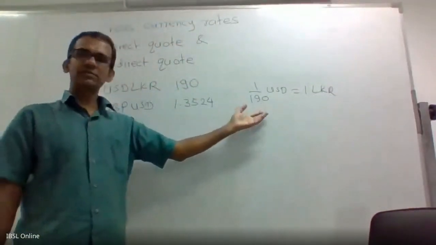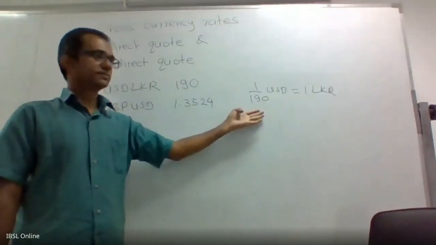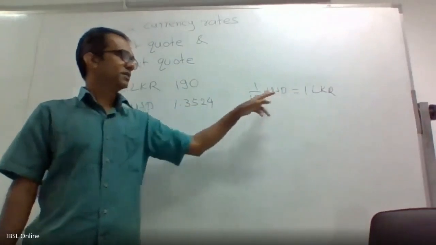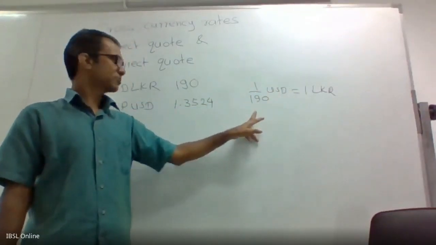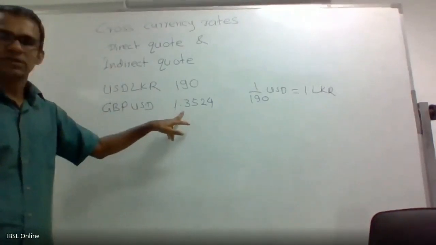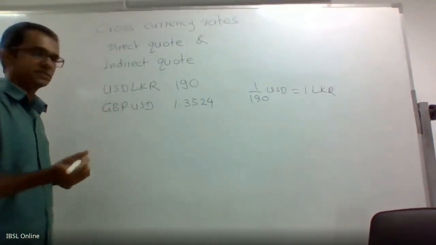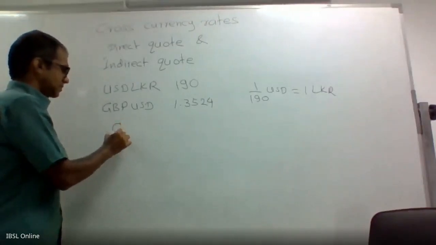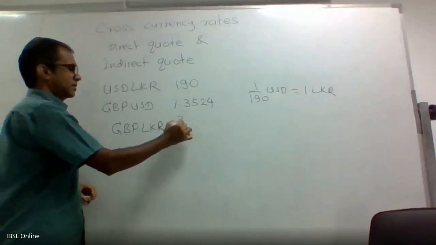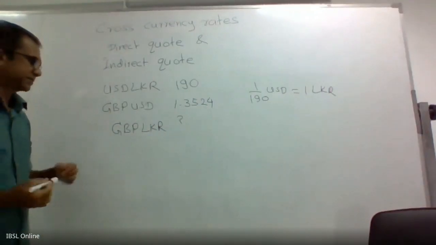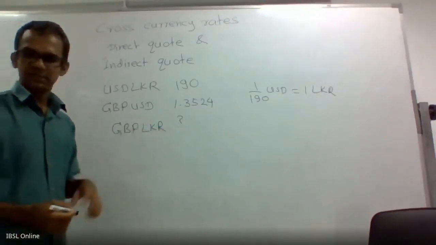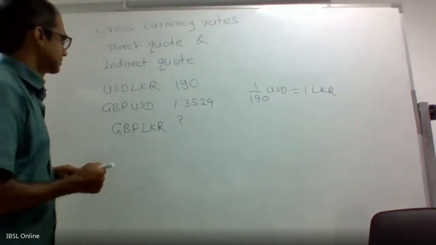This would be a less than 1 figure. So the value of a rupee in terms of dollar is very small compared to the value of £1 in terms of dollars. So sterling is the stronger currency. We need to find the GBP LKR exchange rate, the cross rate. GBP is the base currency, LKR is the weaker currency.